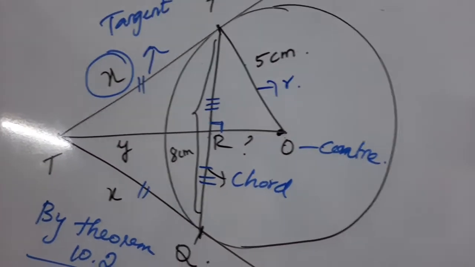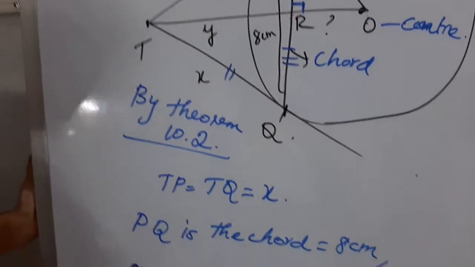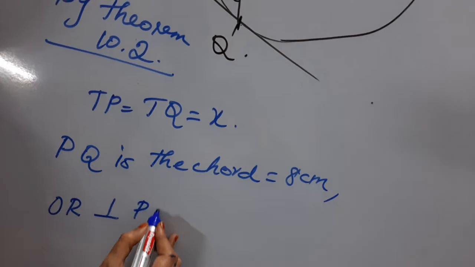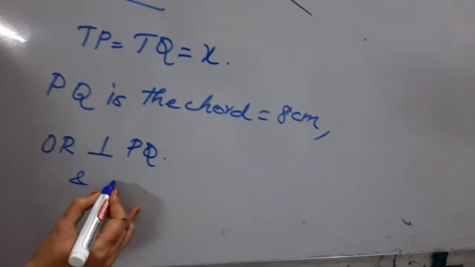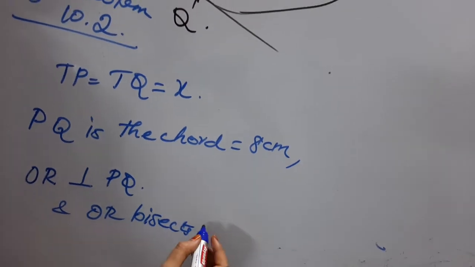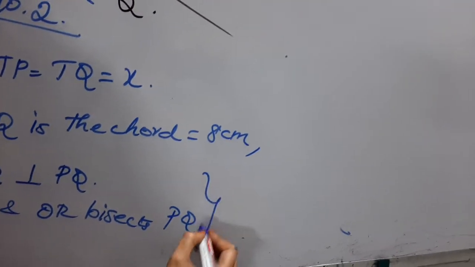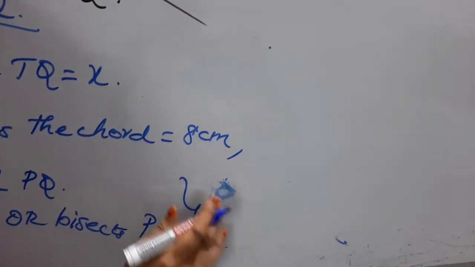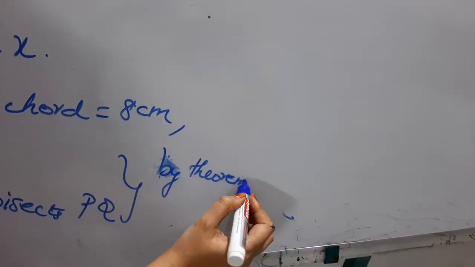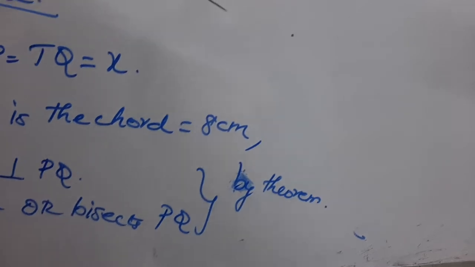So what is your second step? We have drawn OR perpendicular to PQ and OR bisects PQ. What does it mean?